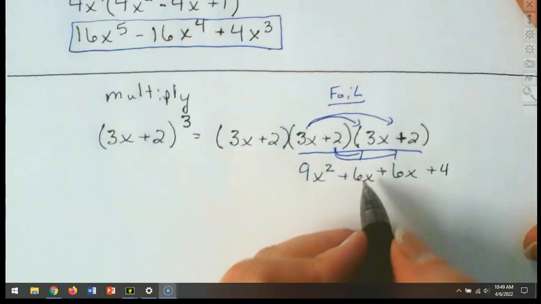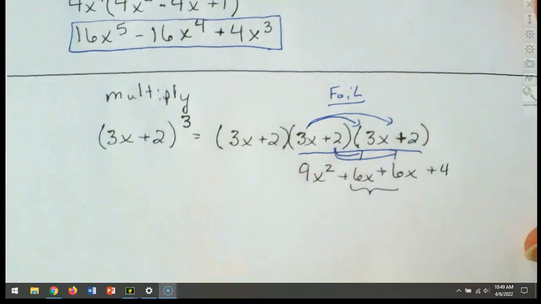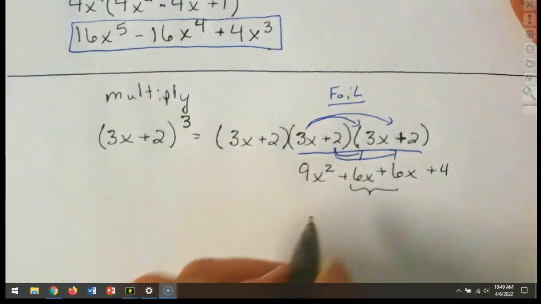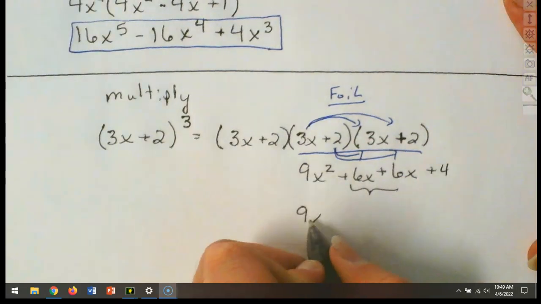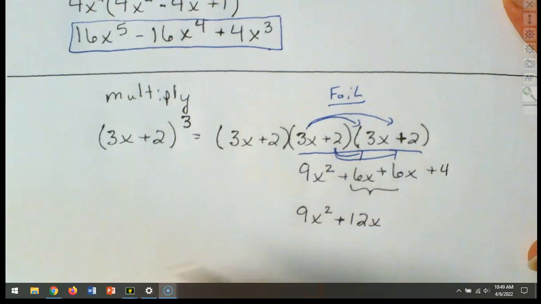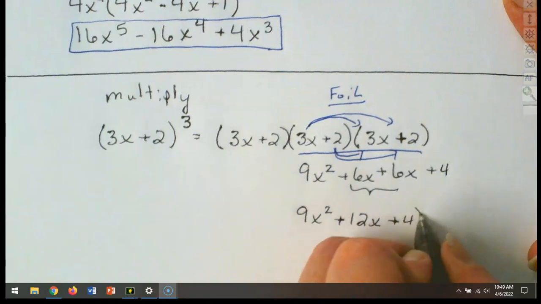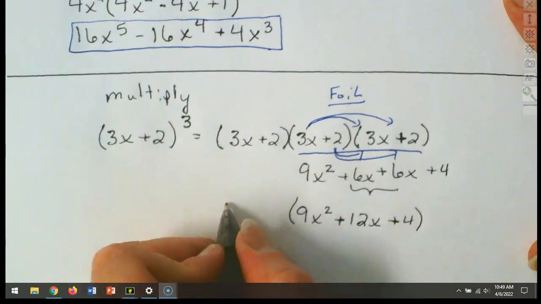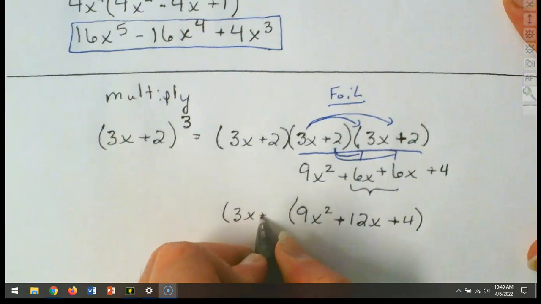The middles, again, can go together, and a lot of times that can happen. Not always. As you saw earlier, one of them didn't go together in the middle, but most of the time they will. So that's going to make it now a 9x squared plus 12x plus 4. And then what comes down is a 3x plus 2.